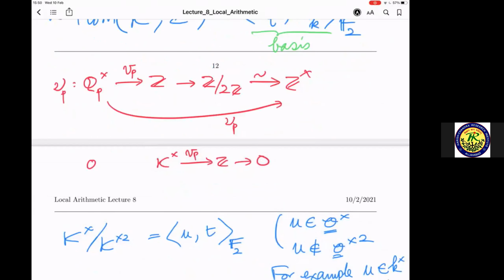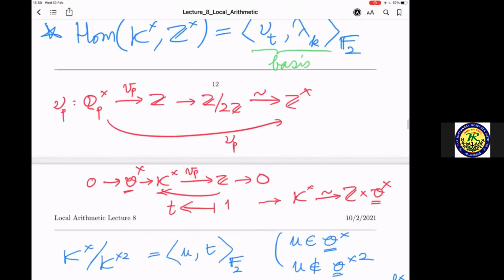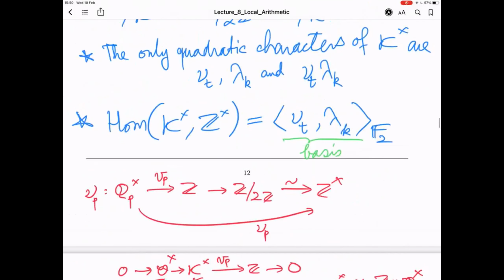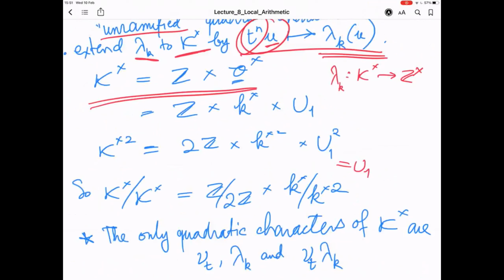And the kernel here is O star, and this sequence splits because, for example, I can send 1 to t. So that gives me a splitting, and this splitting gives me an isomorphism between K star and Z times this O star. So that's why I've written K star equals Z times O star.